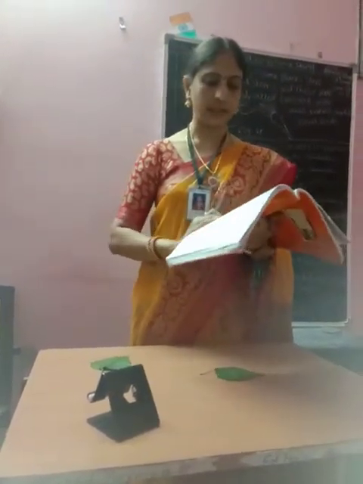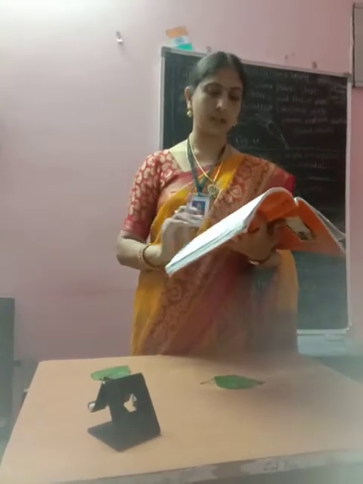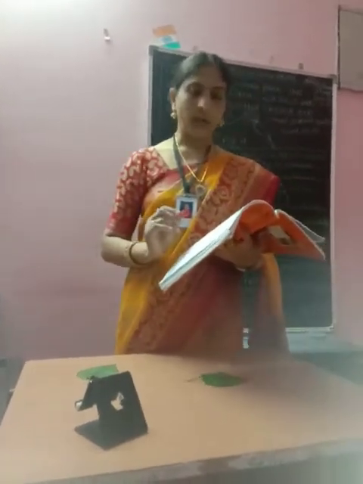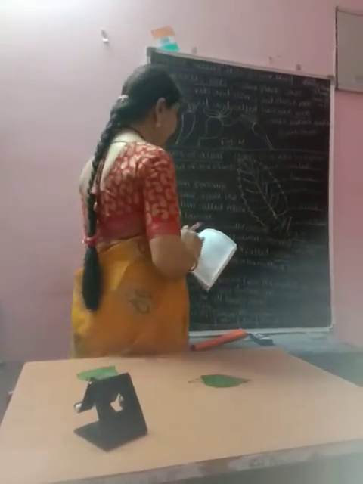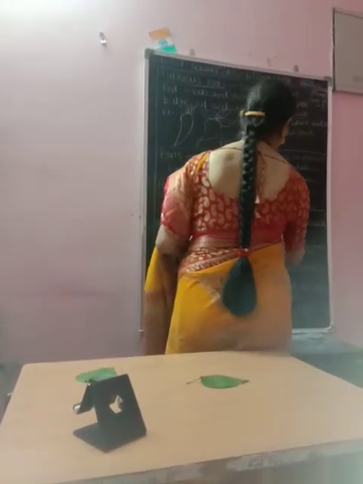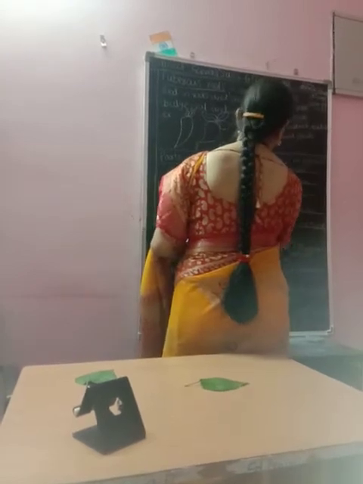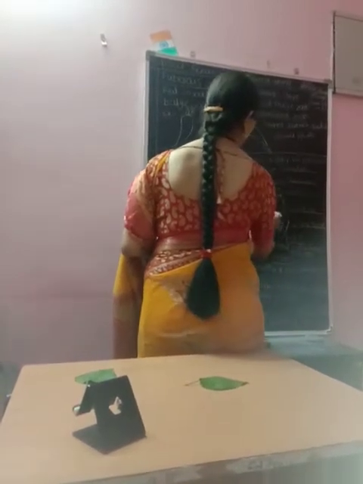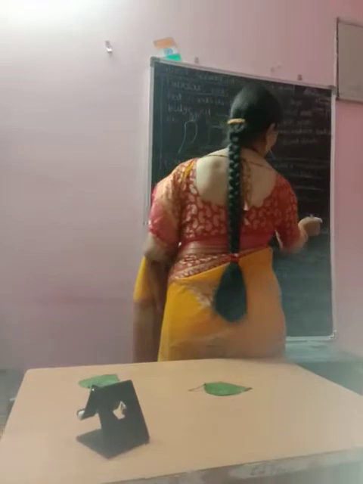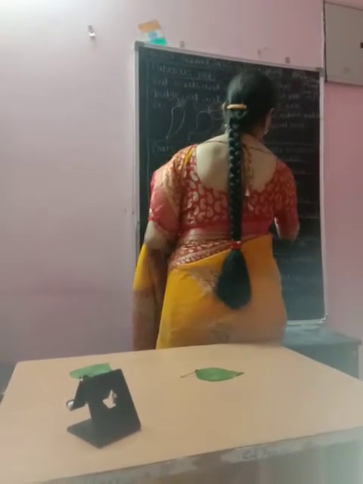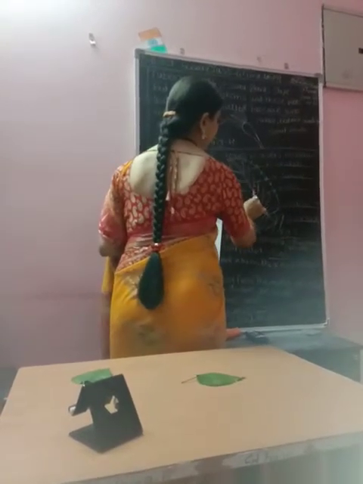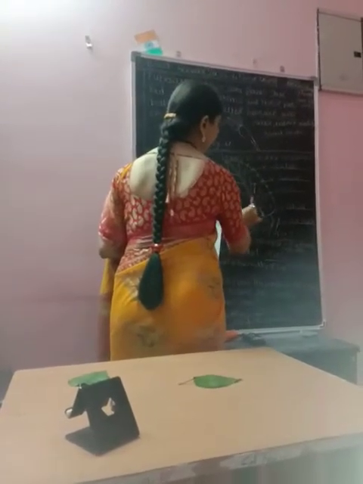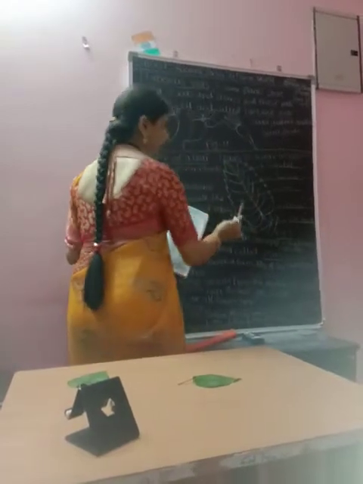A leaf contains the leaf base and a stalk-like structure called the petiole, and the lamina. The leaf base and the stalk-like structure is called the petiole, and the lamina is this one. Okay, children, this is the stalk-like structure.